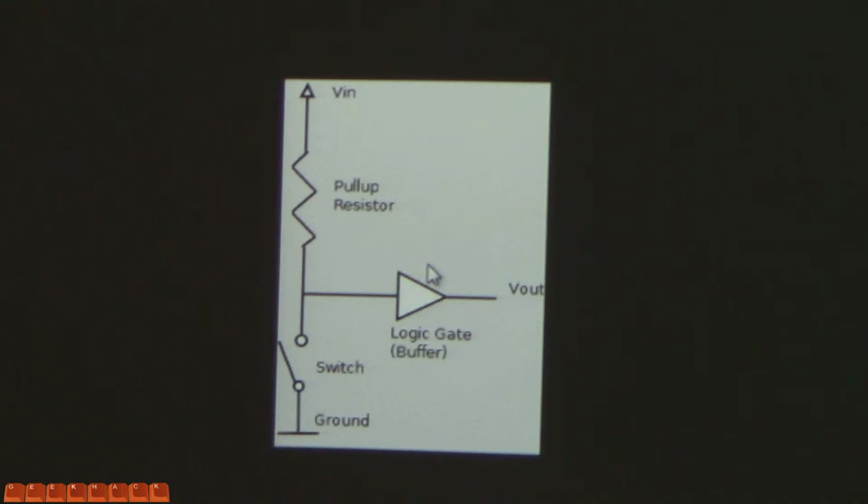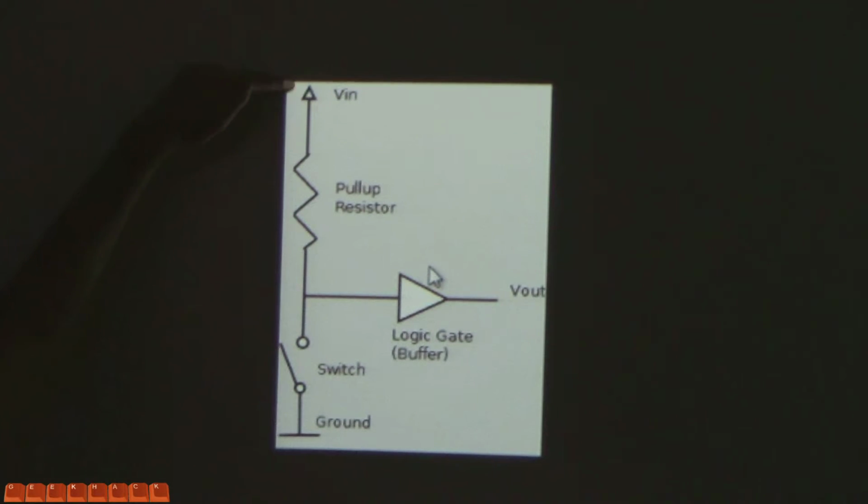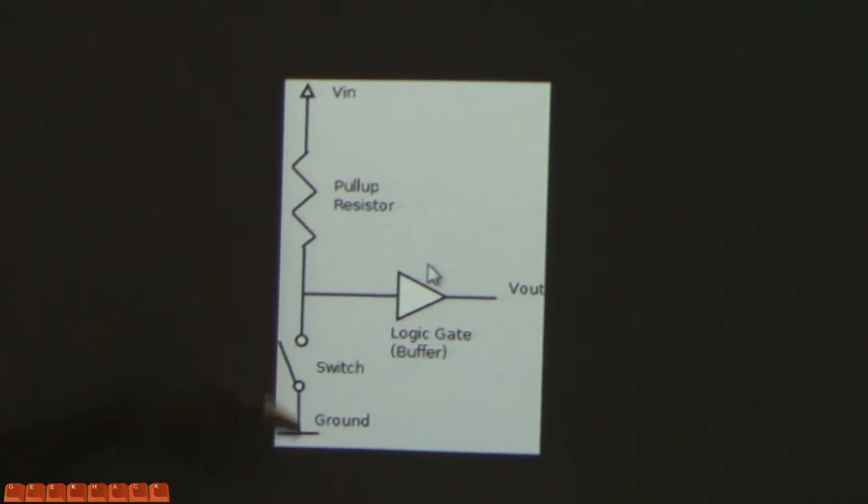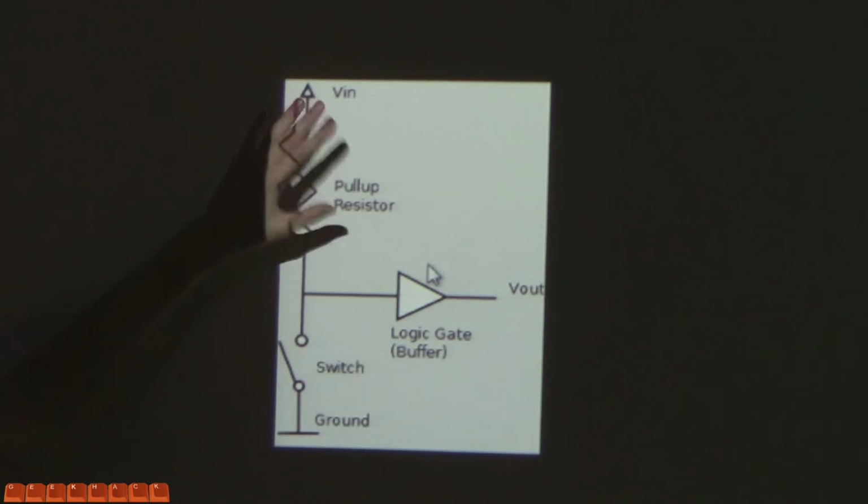So the way to get around that is you have to use a pull up or pull down resistor. Pull up means this is attached to a positive voltage. Pull down usually means attached to either ground or negative voltage. So what this does is that when it's not connected to anything, it's detecting 5 volts. There's this resistance, but because there shouldn't be any current flowing, it doesn't waste power.